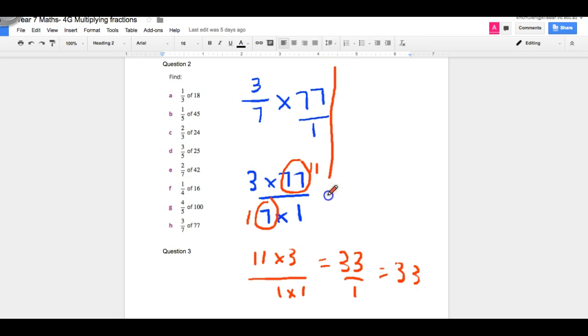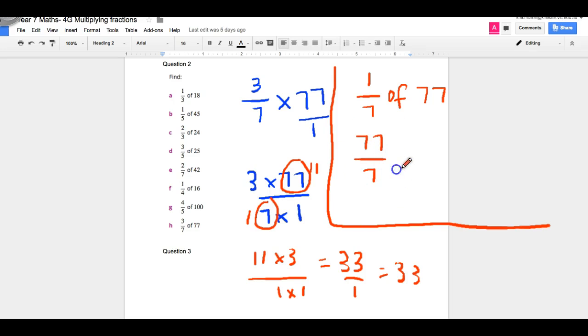Another way you can do it, which I didn't show you before, is you can say, well, I want 3/7, but what if we just did 1/7? So if I just did 1/7 of 77, that means I'm doing 77 divided by 7, which is 11. And how many do I want? I wanted 3 lots of that.